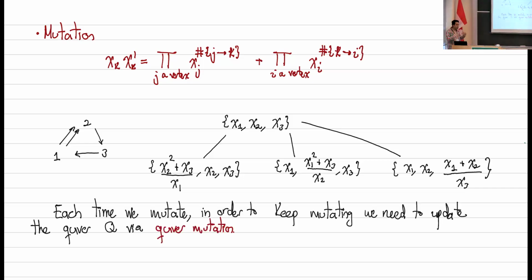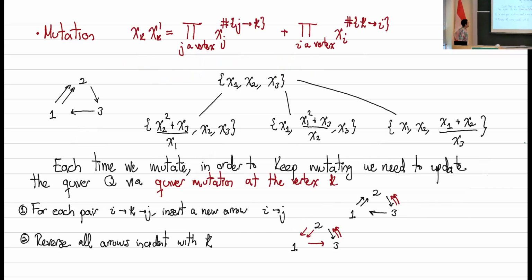So every time we mutate, we have to update the mutation rule by a procedure known as quiver mutation. That's a procedure that's done in 3 steps, at the vertex k. So for each vertex, you need to update the quiver. So it gets technical.